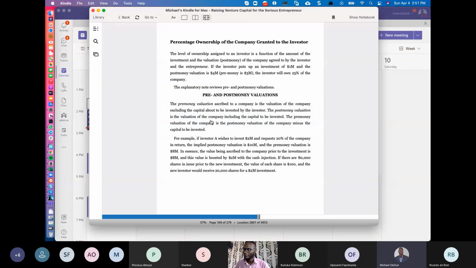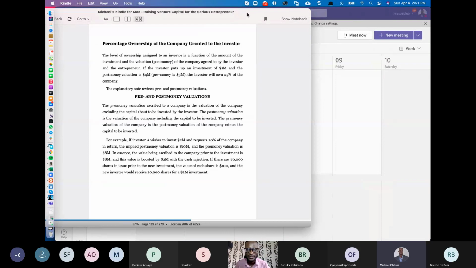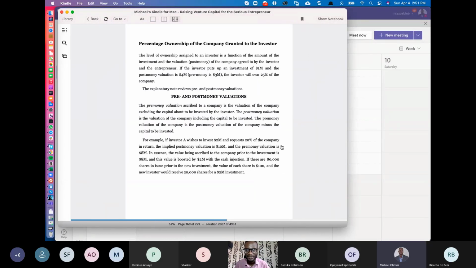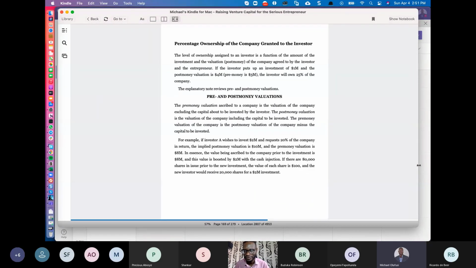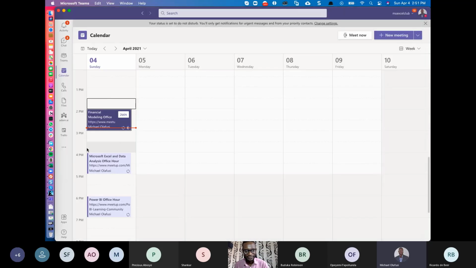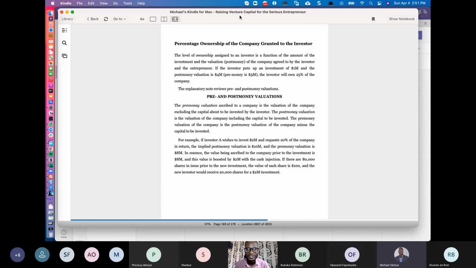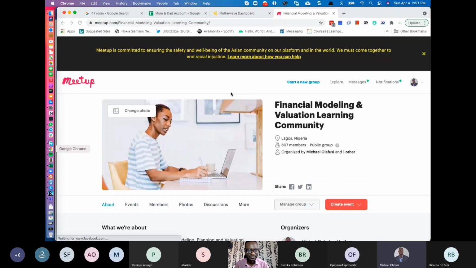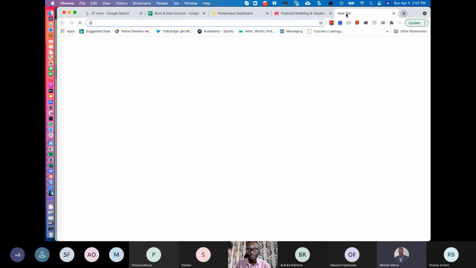Move here. So there is a book I have by, let me copy the title and show you why this book is an authoritative book on what I want to explain to us. Raising Venture Capital for the Serious Entrepreneur.